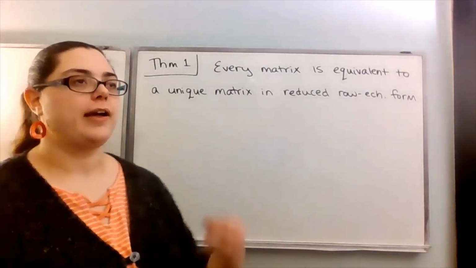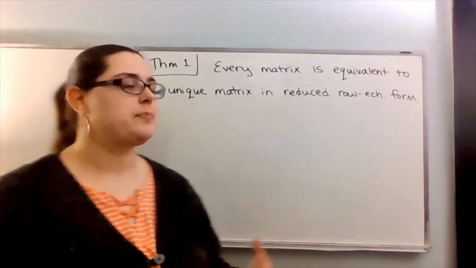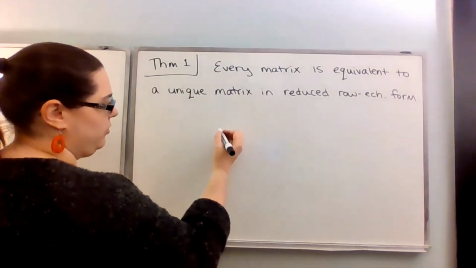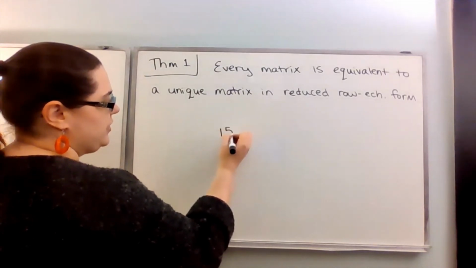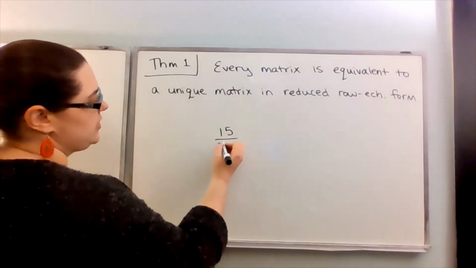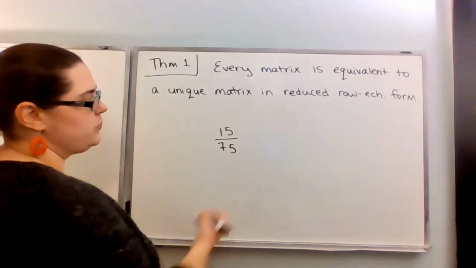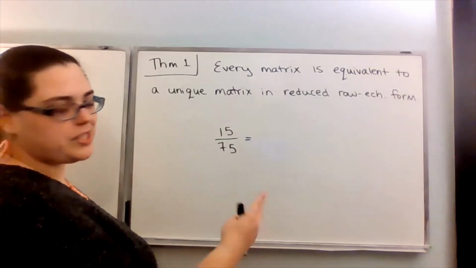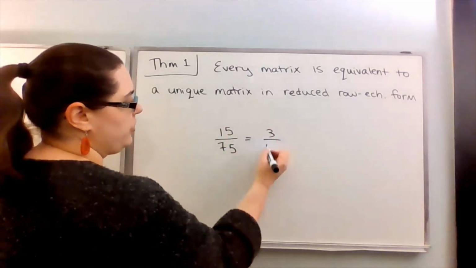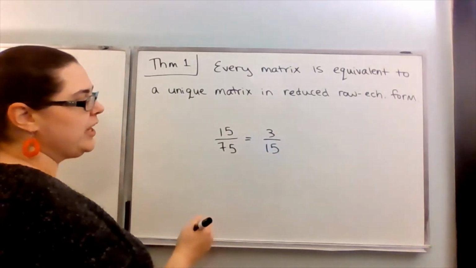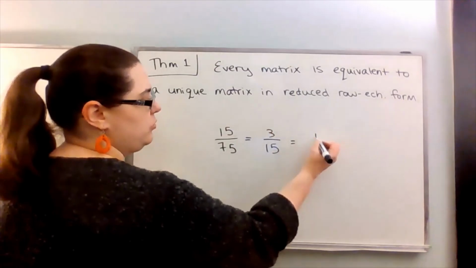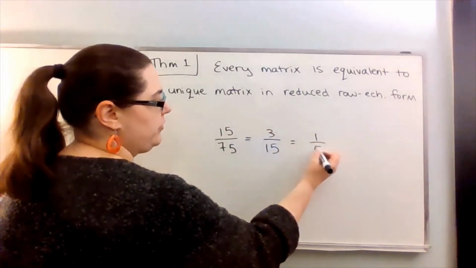It's kind of like fractions. So if I have, I don't know, 15 over 75, I can begin to reduce that by dividing by 5, right? So that's going to give me 3 over 15. And then that reduces further to 1 over 5.